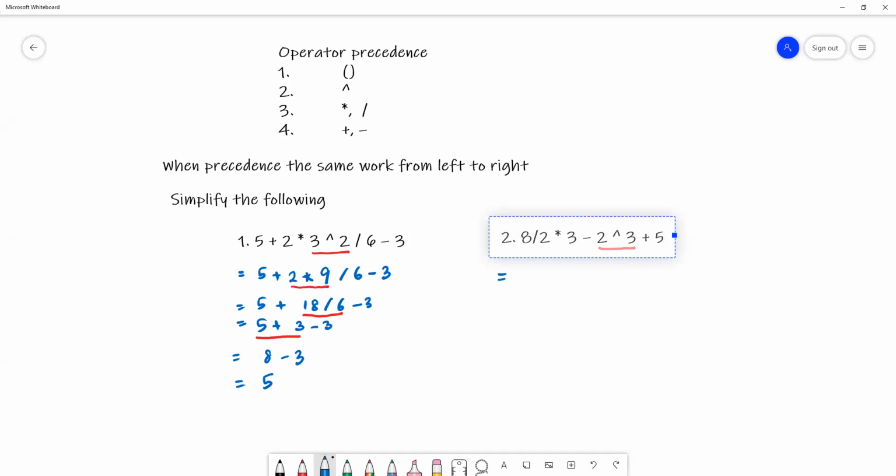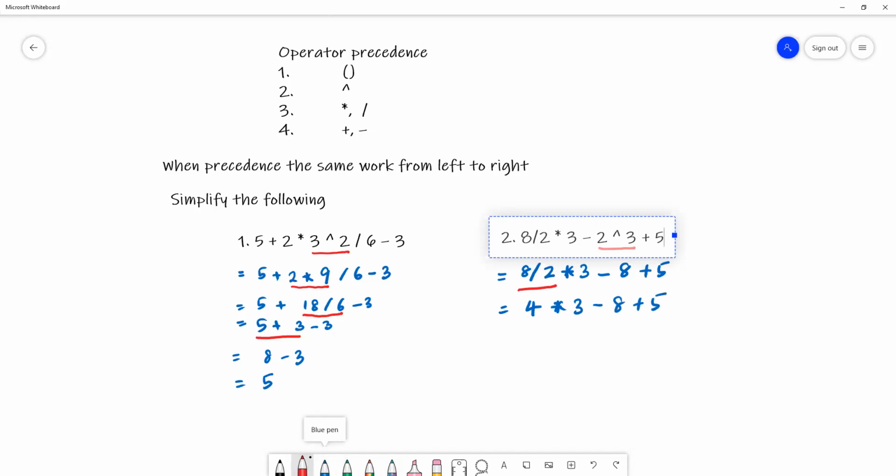So I have to rewrite this as divide by 2 into 3 minus 2 to the power 3, that is 8 plus 5. Next, if I carefully look at it, this time I have to perform division. So we have 4 into 3 minus 8 plus 5.